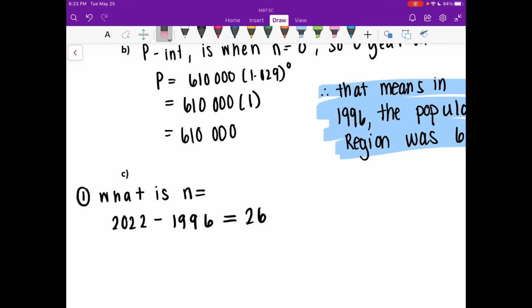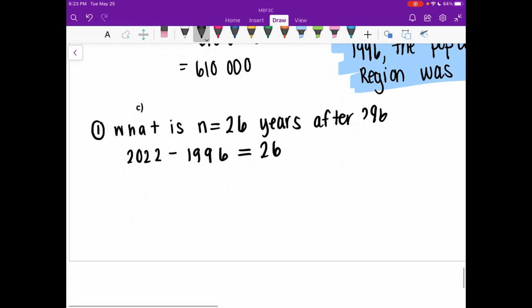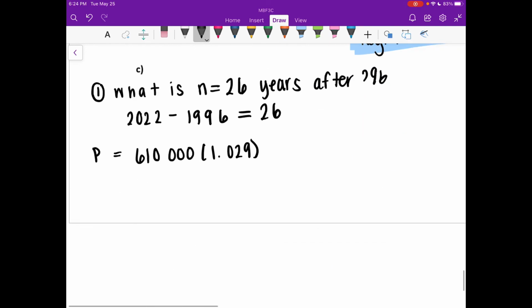So we're looking for how many years after 96? We're looking for 26 years after 96. So let's plug in n equals 26. So P, the population, equals 610,000 times 1.029, which is just our equation here, to the power of n.